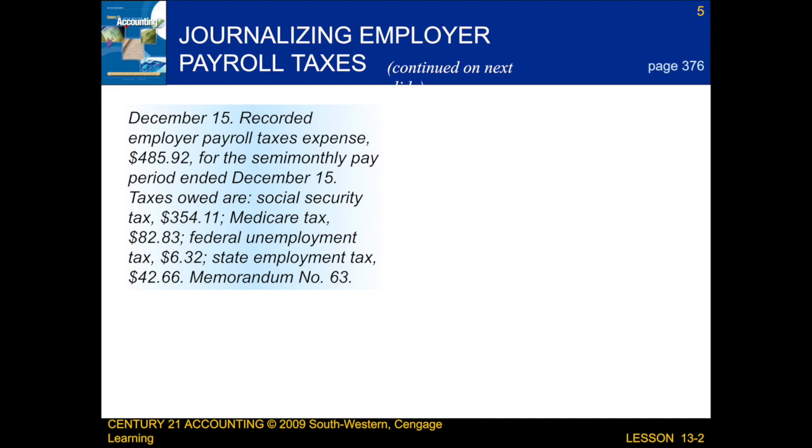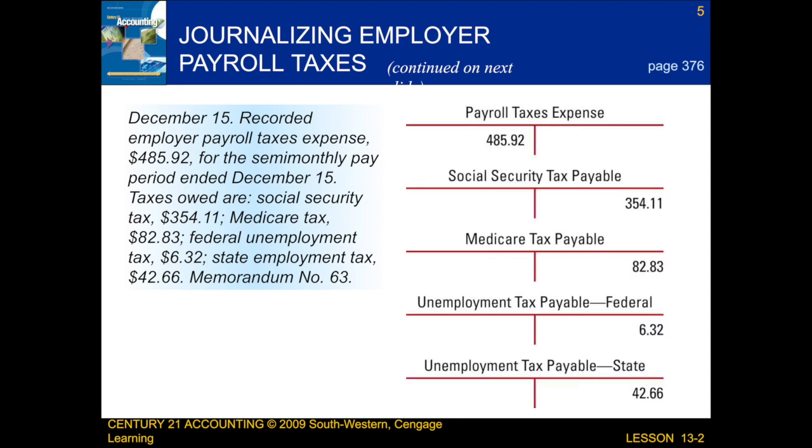Taxes owed are Social Security tax, $354.11, Medicare tax, $82.83, federal unemployment tax, $6.32, and state unemployment tax, $42.66, memorandum number 63.